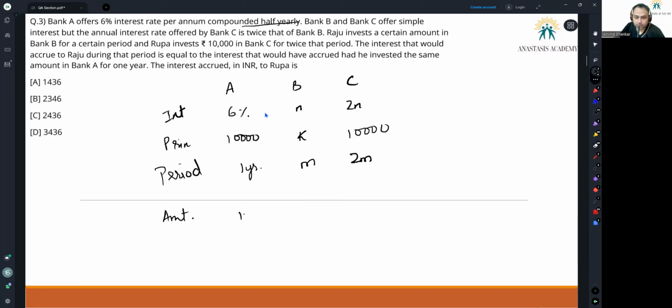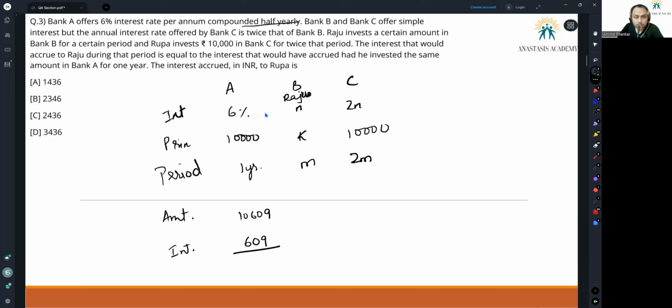Let me write it. 10609, or interest here is 609. Raju has invested some amount in bank B. The interest that would accrue to Raju during that period.